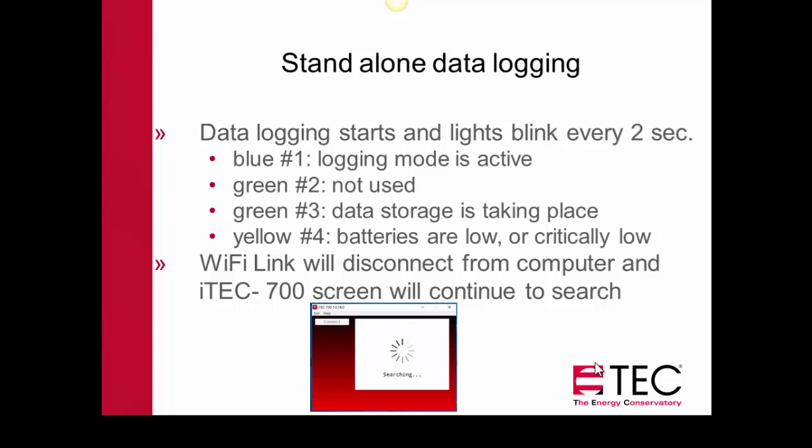It'll continue searching to see if there are gauges in the area to connect to. So now you can just shut down that software. You know that it's not sending out that AP signal anymore. It's searching for a signal. So you can shut down the iTEC 700 software at that point, and you know that it's in the data logging mode and that it's storing data.